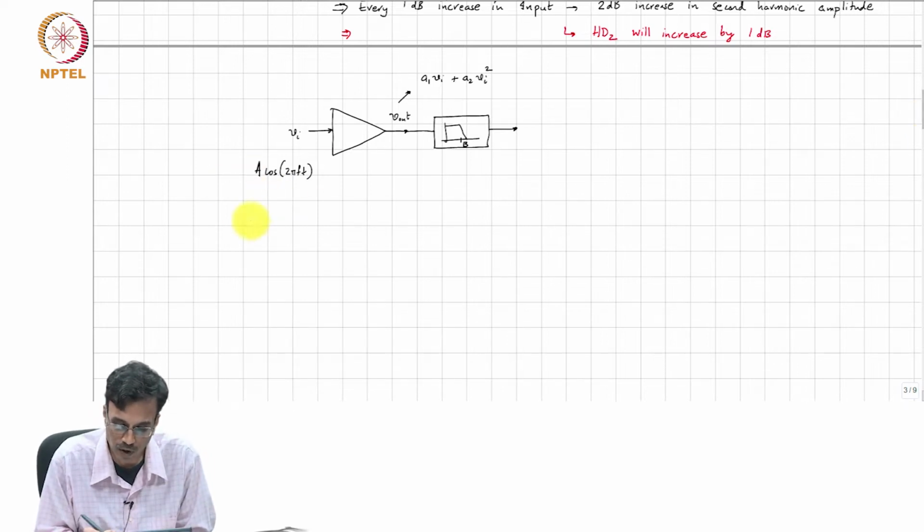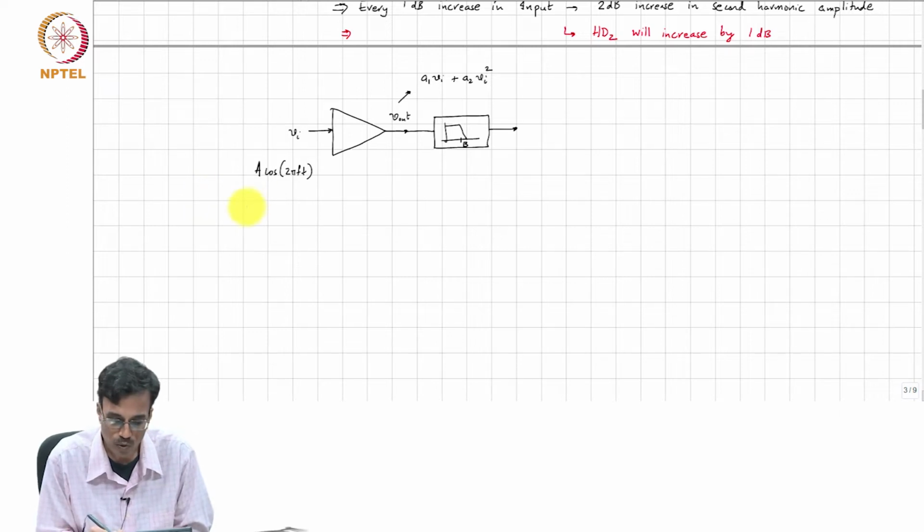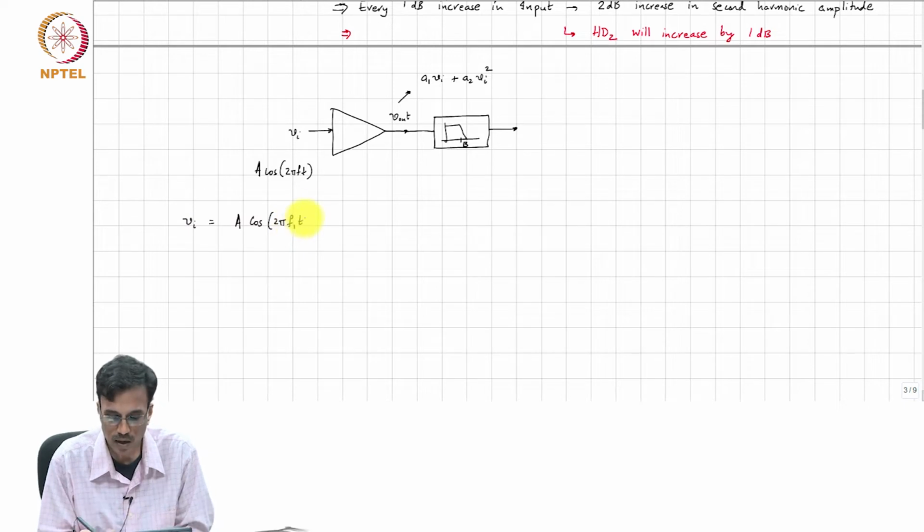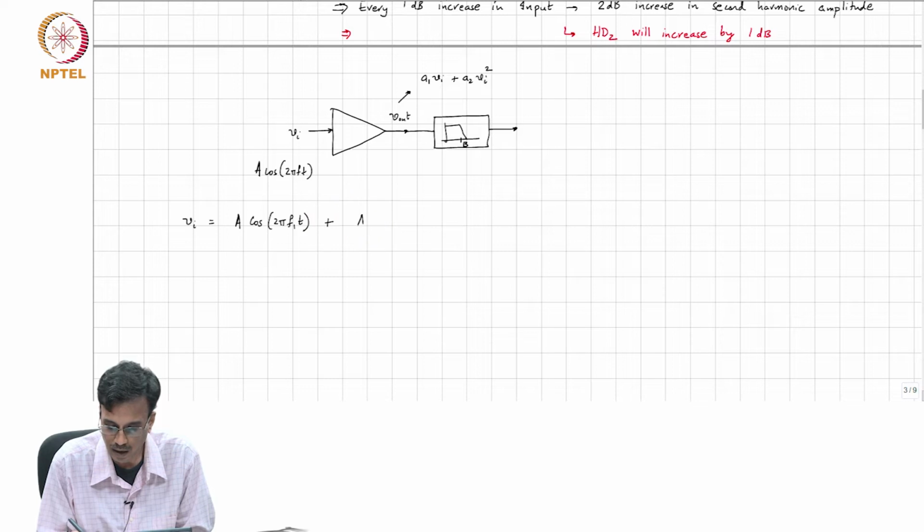But another important issue is what happens when you have two tones, cos 2 pi f1 t and cos 2 pi f2 t.